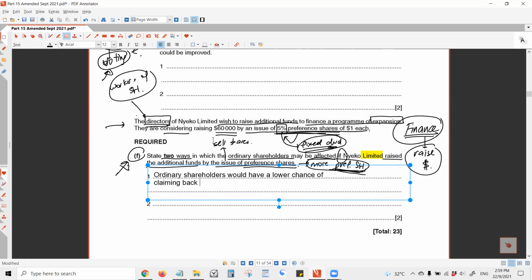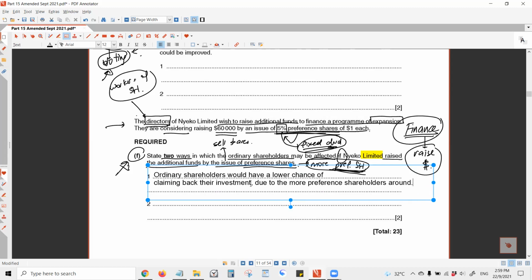Claiming back means getting back again. Okay, I know it's very lengthy, but I don't have a choice. In order to make the answer look complete, I have to write it as long as this.